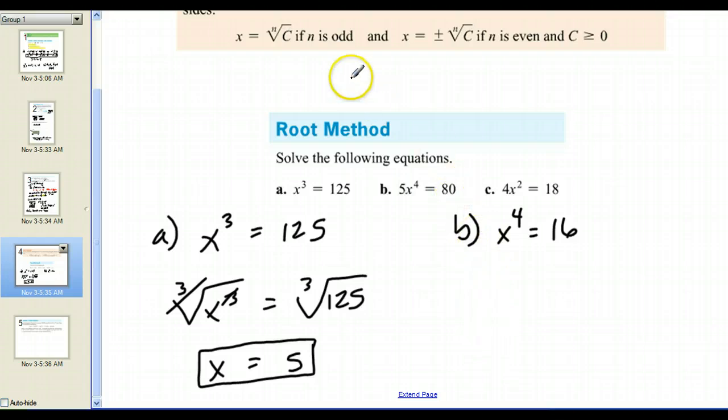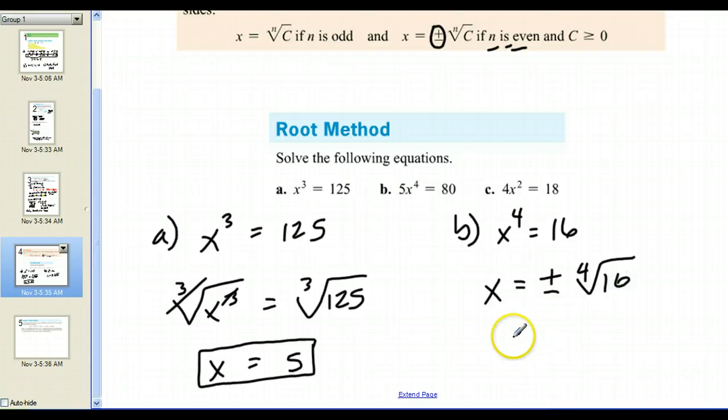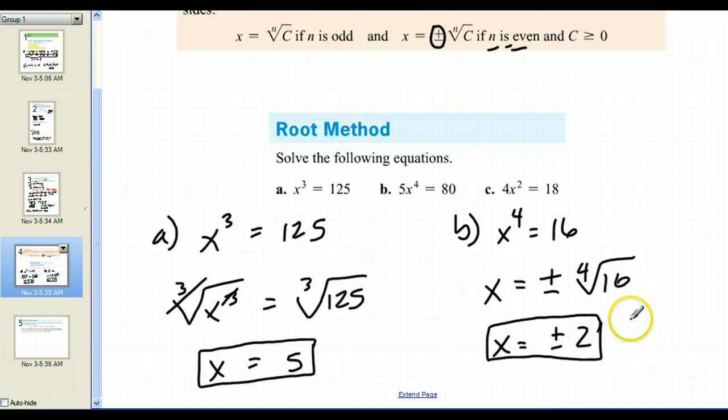Alright, and then if n is even, then we do need the plus and minus. So x is equal to plus and minus the 4th root of 16. Okay, so x equals plus and minus the 4th root of 16 is 2. So I have two solutions, x equals positive 2 and x equals negative 2. Or I could write it in solution notation like this.